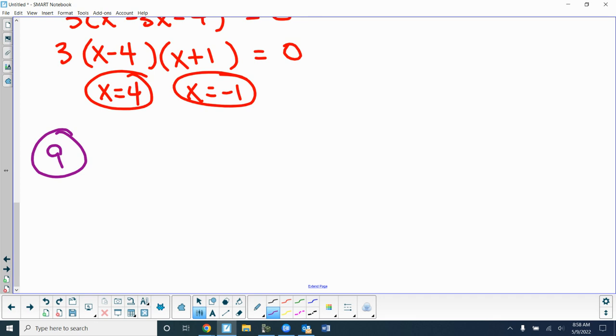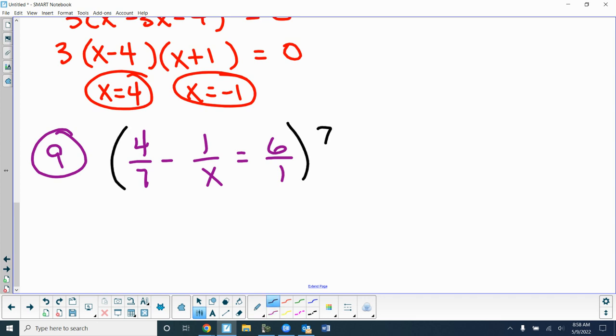So we got 4/7 minus 1 over x equals 6. We're going to put 6 over 1 if you want. So can I factor any of those denominators? So what shows up? 7 and x, right? Okay.